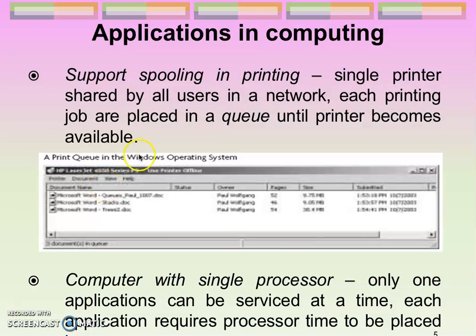Okay, so single printer shared by all users in a network. Okay, each printing job is placed in a queue until the printer becomes available. Okay, tak kira lah kalau you guna sebagai standalone computer ke ataupun we are using network computer ke kan.